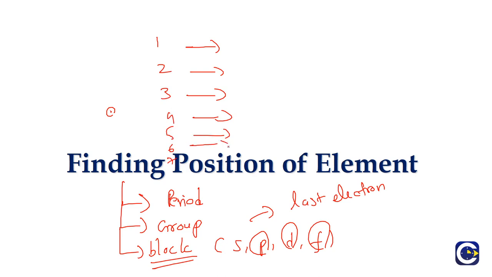Each element that belongs to a particular period, the period number corresponds to the valence shell, or the outermost orbit. For example, if you have elements in the third period, the valence orbit is going to be the third orbit. If you have elements in the seventh period, the valence orbit is going to be the seventh orbit, like that. We'll try to comprehensively cover these things in this video.